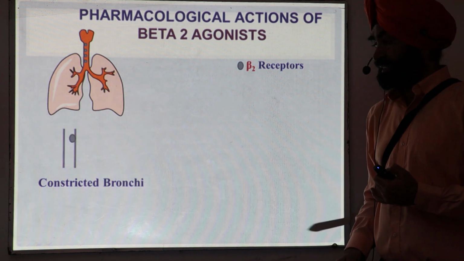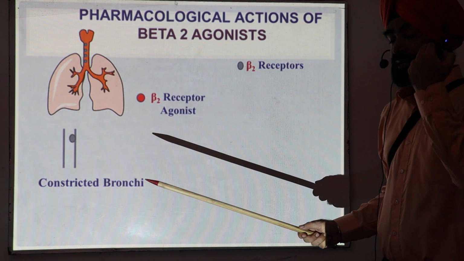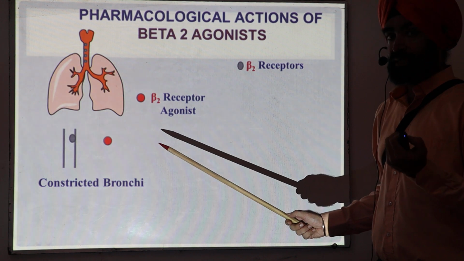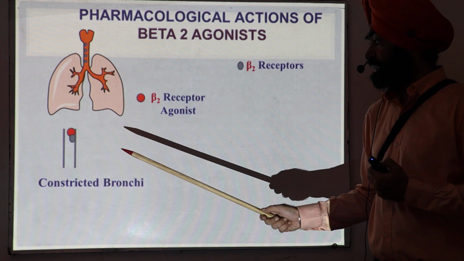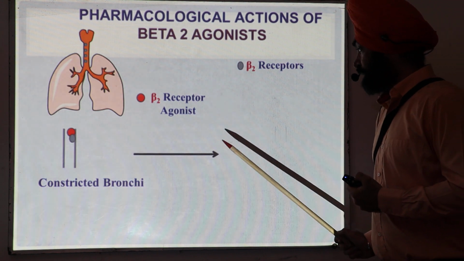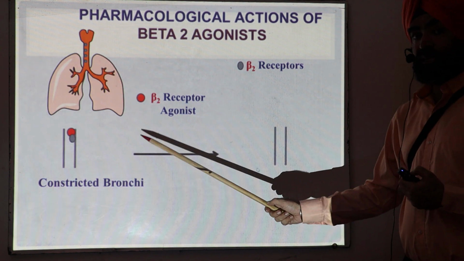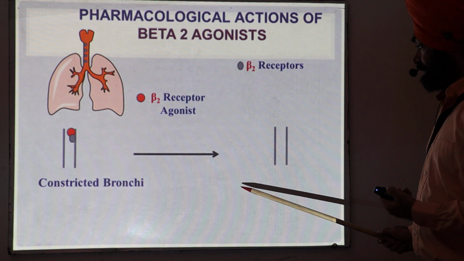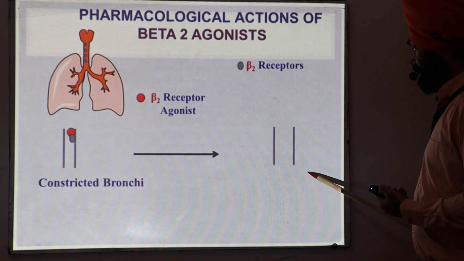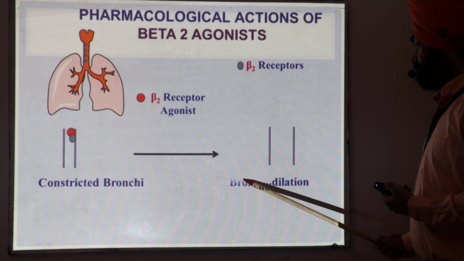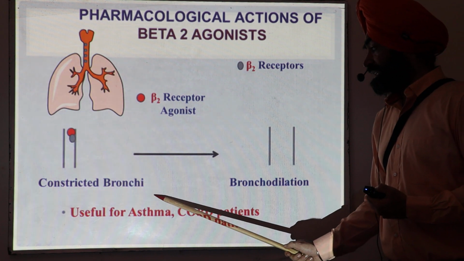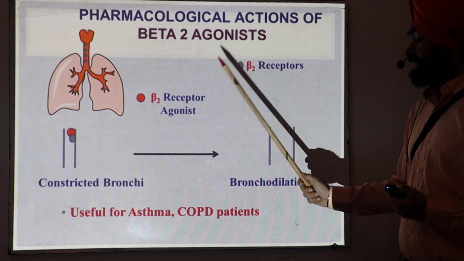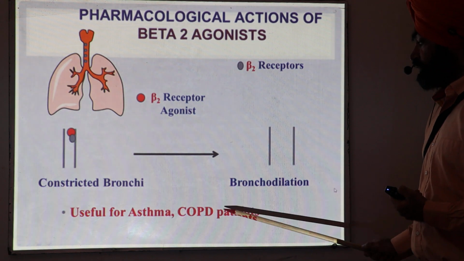If the bronchi are constricted and you give a beta 2 agonist exogenously, let's say you inhale a beta 2 receptor agonist, then it produces relaxation, bronchodilation, and as a result, these beta 2 agonists are useful in asthma or COPD patients.